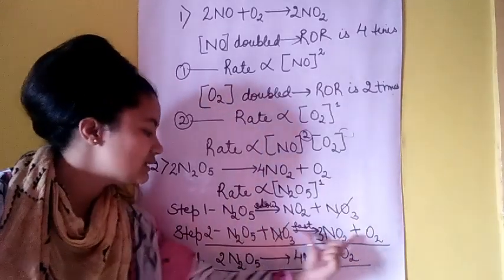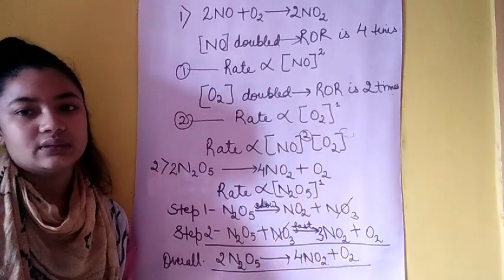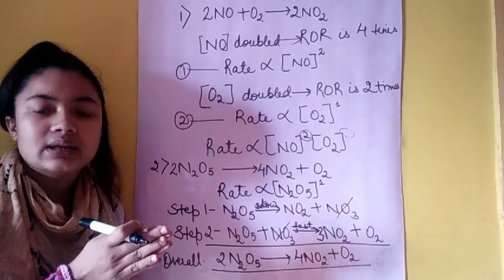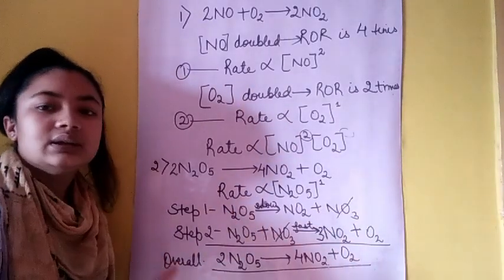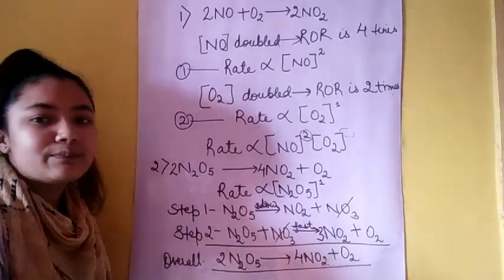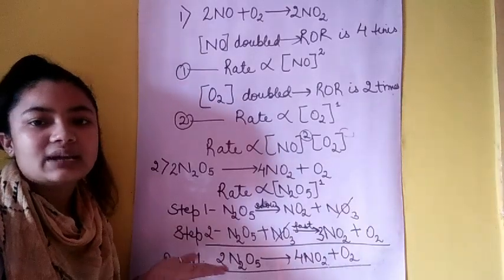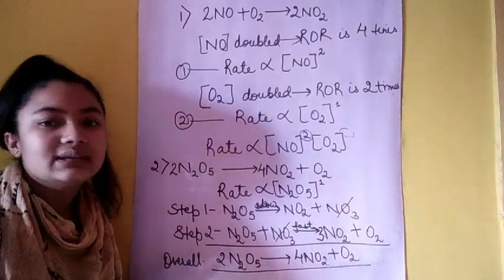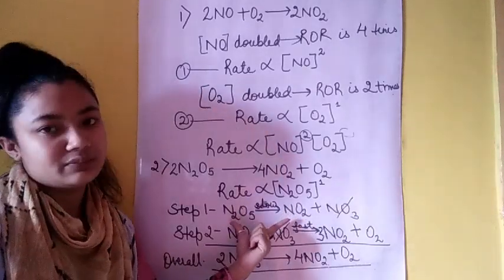But in a fast reaction, it is very difficult to observe how many moles are combining and forming a product. So in chemical kinetics, and we will also study this in organic chemistry, the slowest step is always the rate determining step.